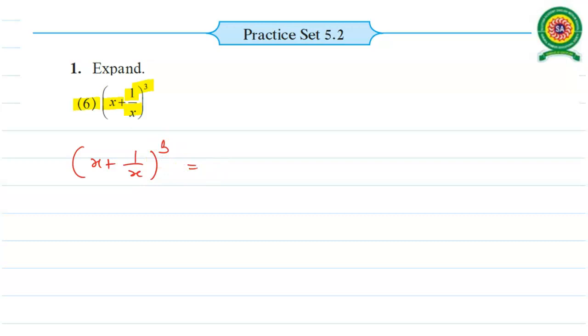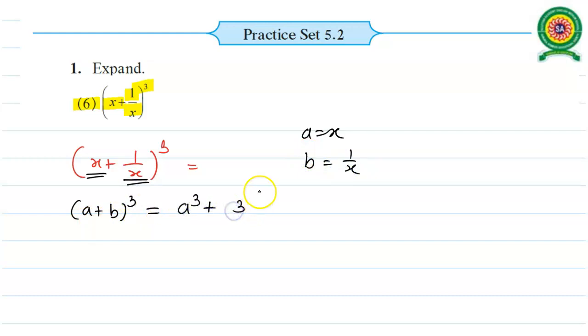So let's try to again compare it with a plus b the whole cube, so that we are having a value becomes x and b value becomes 1 upon x. So a plus b the whole cube expansion, we are having a cube plus 3a square b plus 3ab square plus b cube.